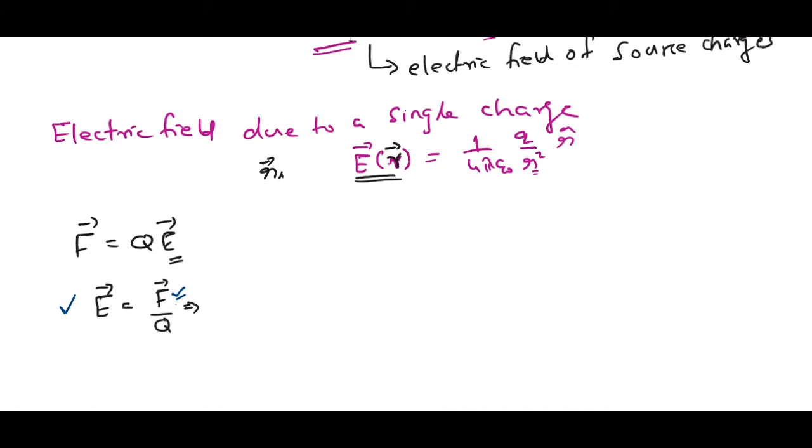Okay, that is, the electric field is a region around an electric charge. Suppose here we have a source charge Q. In the region around this electric charge, if I place another charge, that is a test charge, and the test charge experiences a force, that force may be either repulsive or attractive, then the electric field can be defined in this way.